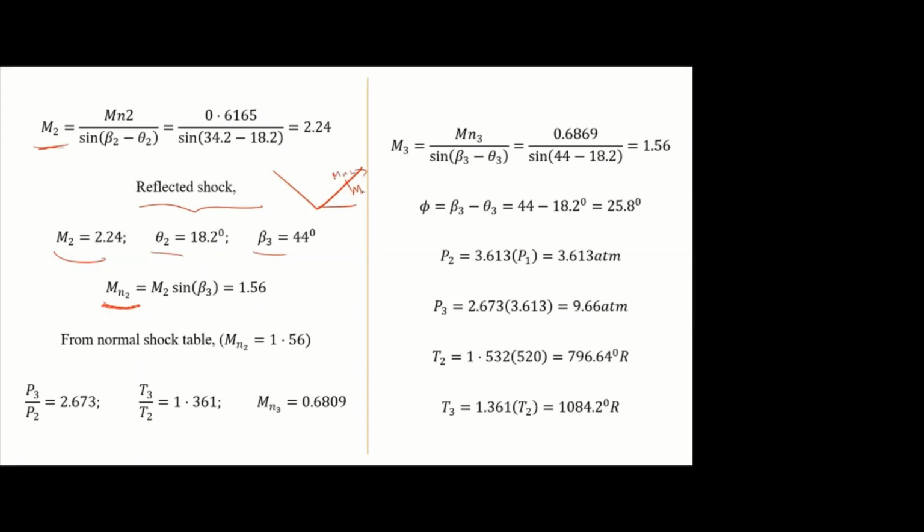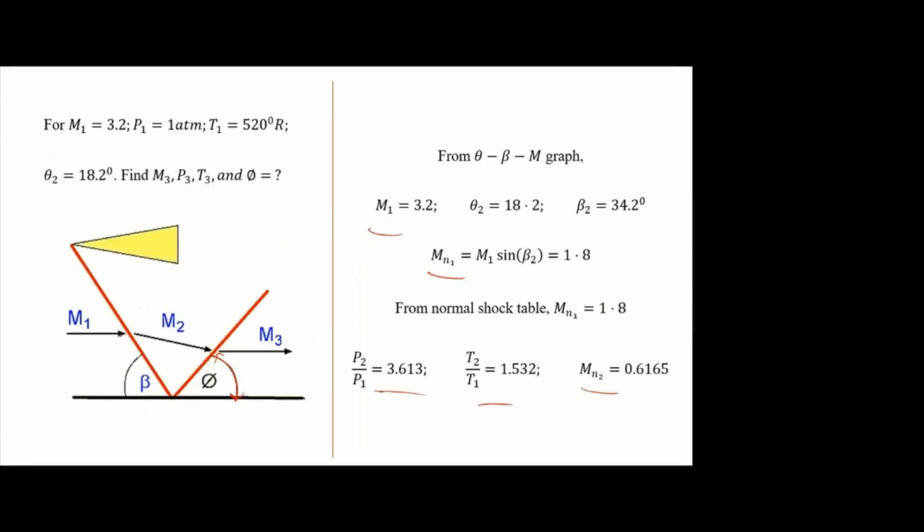From that we can find Mn3 and other properties. Wave angle, I told you how to measure it. For example, this is the flow deflection angle theta. It will be parallel to this wall, and the shock wave angle will be this one. Free stream flow and the shock will give you the shock wave angle beta. Here it is the same opposite angle, so they mentioned it here.